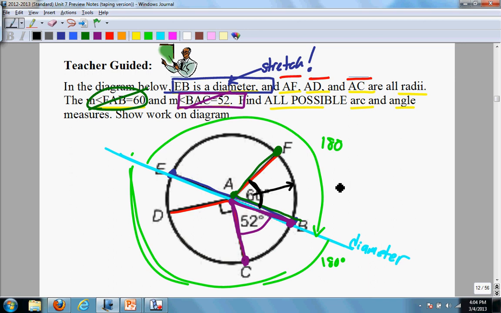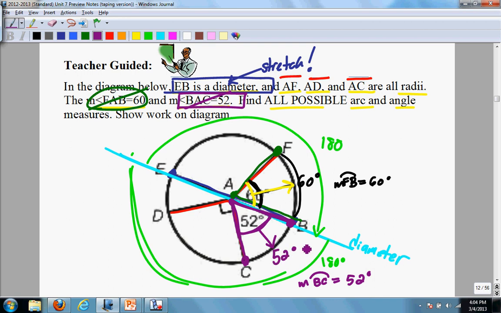So right here, I know the measure of arc FB is going to be 60 degrees, because the measure of a central angle to its arc is the same. Say it again. Measure of a central angle to its arc the same. Which means if this is 52, then this arc here, the measure of BC, must also be 52 degrees.